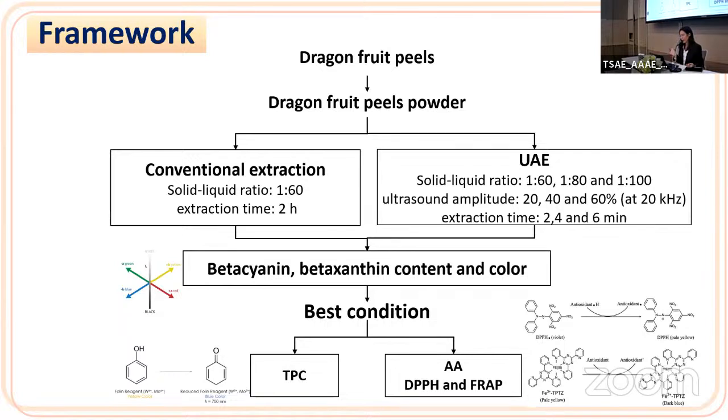And this condition is from our preliminary experiment. And then after that, we compare betacyanin content and color, and we will find the best condition for UAE. And then we will compare total phenolic compounds and antioxidant activity between the two methods, UAE and conventional.